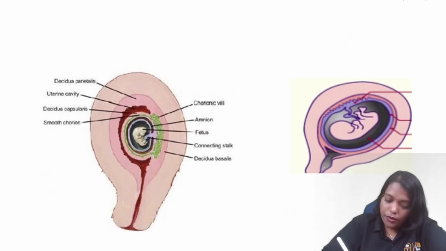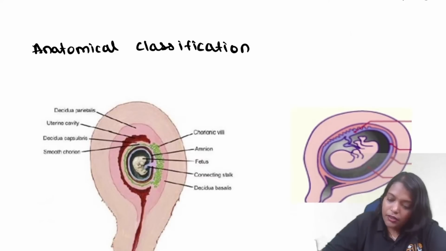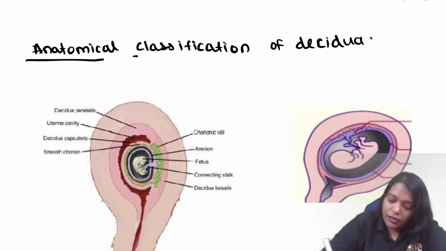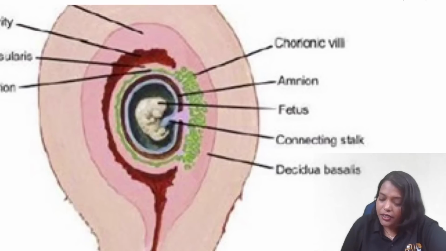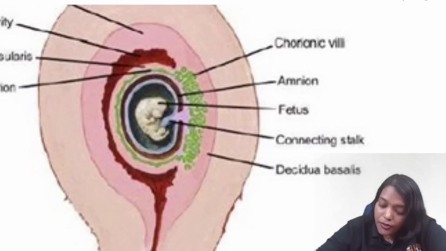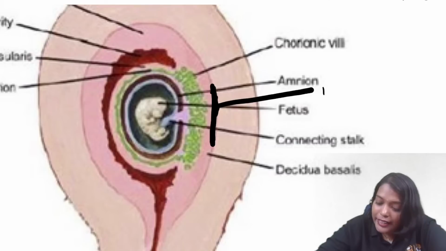So, anatomical classification of the decidua. I'm going to magnify this so that you can see it better. The part of the decidua which is lying below the blastocyst, present below, you're going to call this decidua basalis.